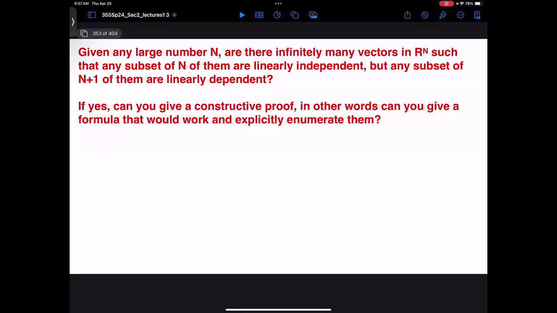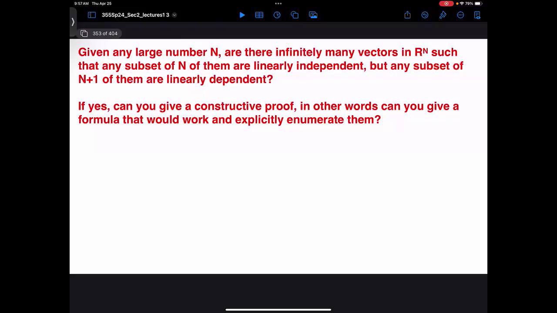What about the first? Can you find infinitely many vectors so that no matter which n you take, they will always be linearly independent? And if so, can you do this in a constructive way? Any thoughts? So as a general rule in life, if something is hard, try to do something easier.